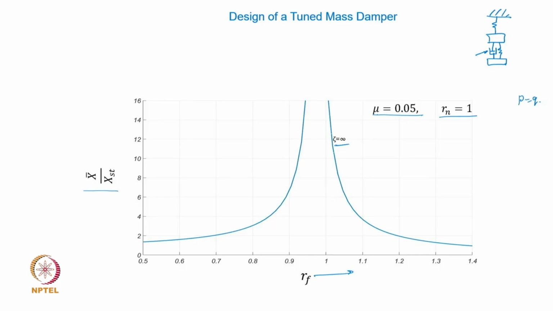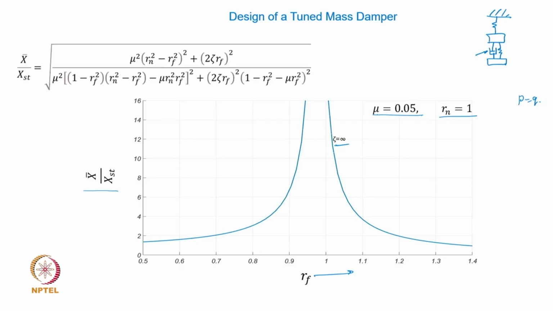In an extreme condition it will simply lock. The moment it locks, the two masses become one. There is no relative motion, and what you see is another single degree of freedom system with a different value of mass and the same parent system stiffness. So this graph is representing what physically we can expect.